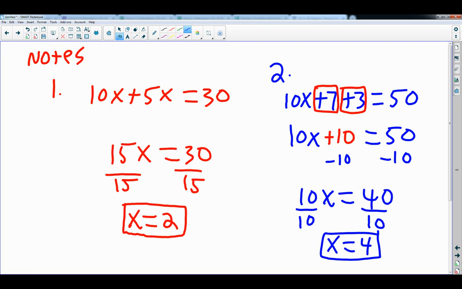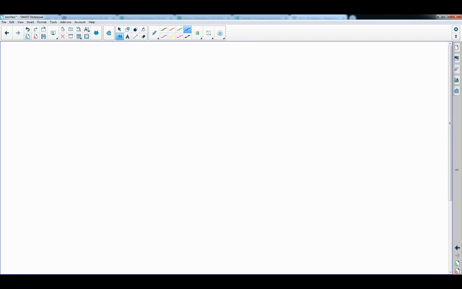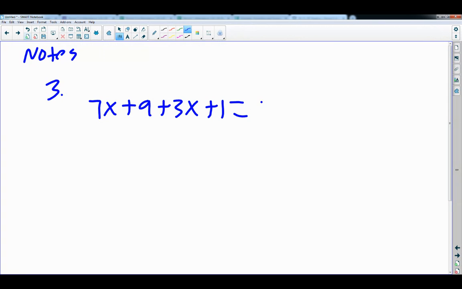Okay, so that's notes, number 1, number 2. Pause, copy, make sure you got that down. And now here come notes, number 3 and number 4. So number 3, we have 7x plus 9 plus 3x plus 1 equals 90.